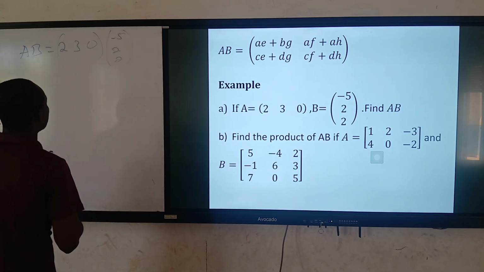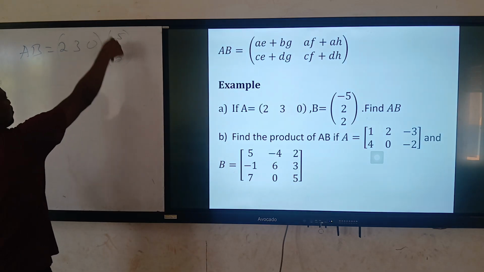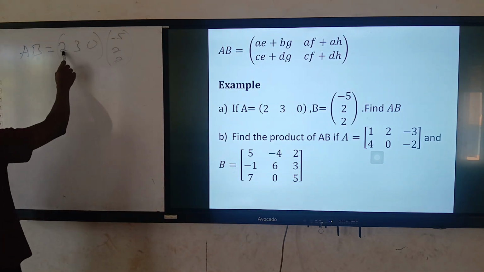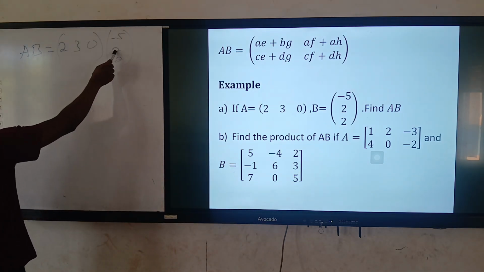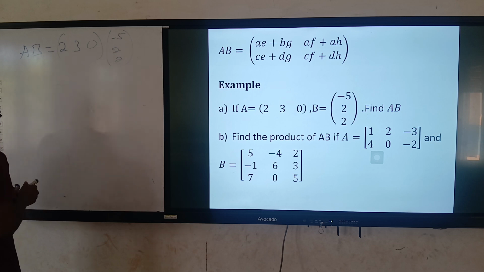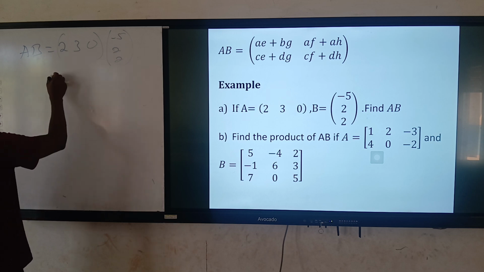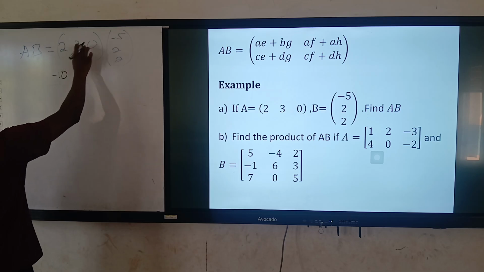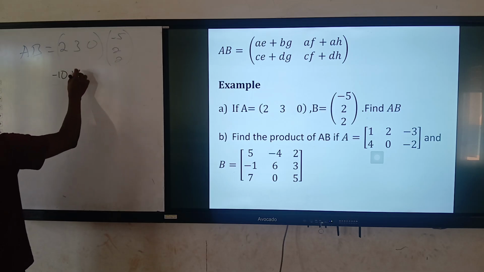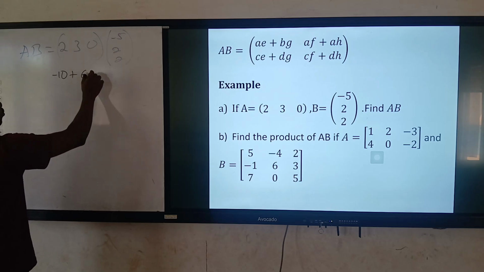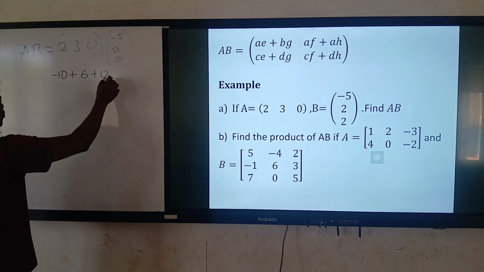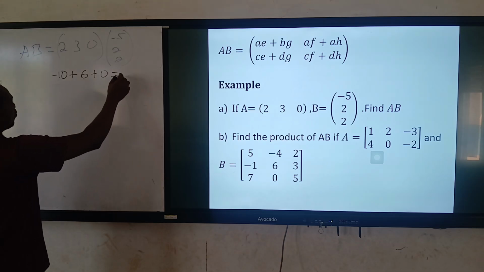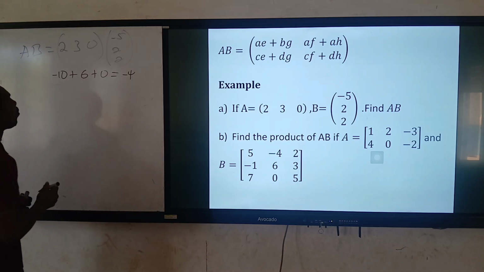Taking this rule, you multiply the 2 here by the negative 5, multiply the 3 by the 2, and then continue. So you get negative 10, then 3 times 2 gives plus 6, then 0 times 2 gives 0. Then you put them together, and the final answer is negative 4.